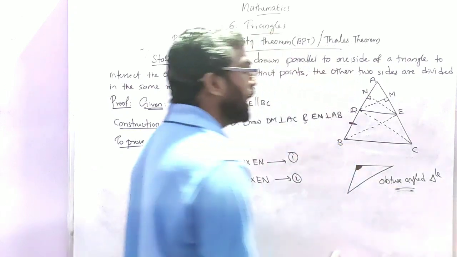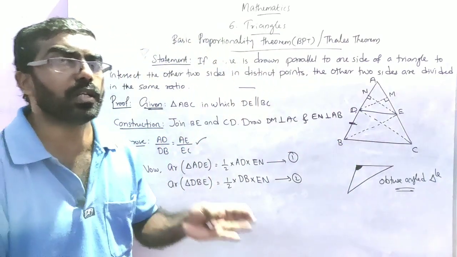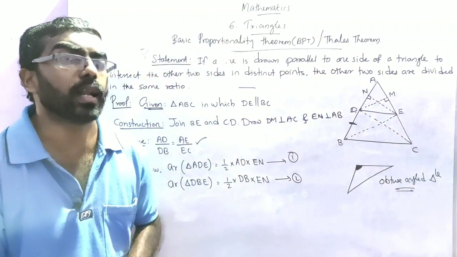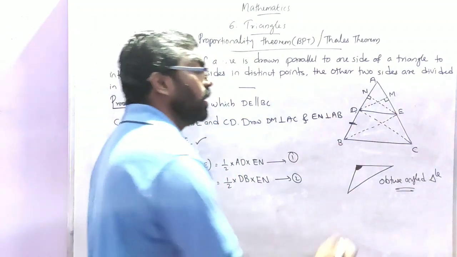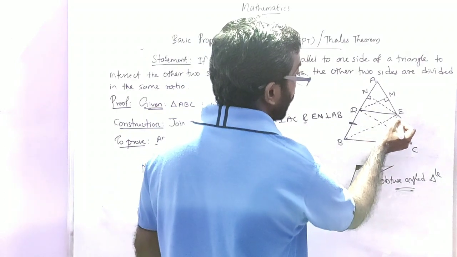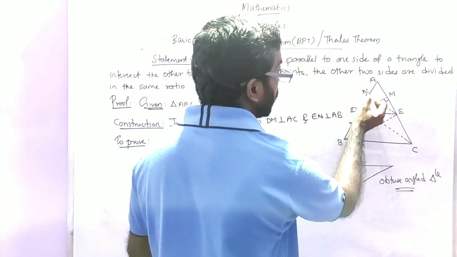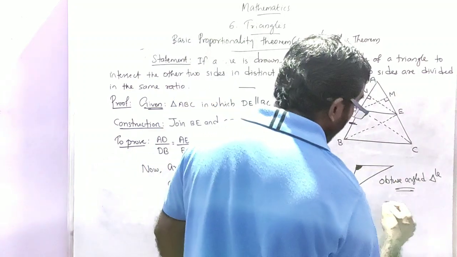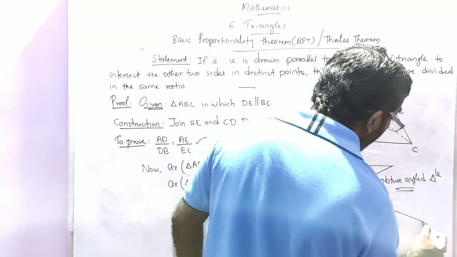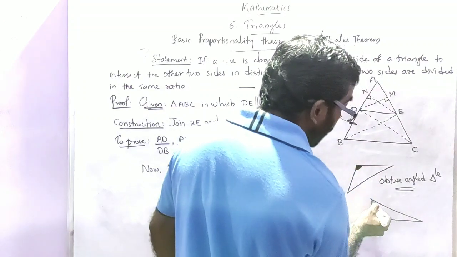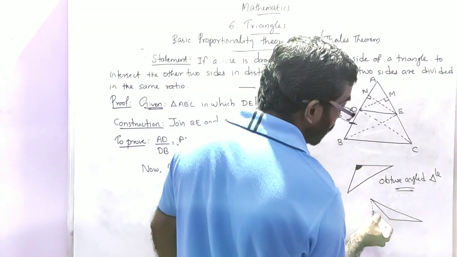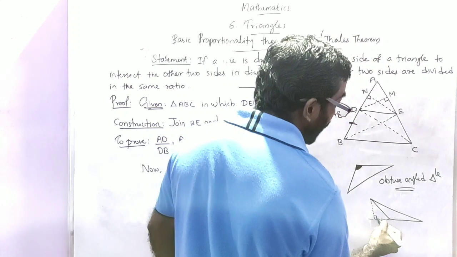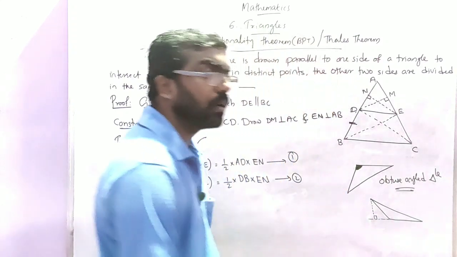So in an obtuse angled triangle, the altitude lies outside the triangle. Here we draw the perpendicular from the vertex E, that is why it lies outside the triangle. We can rotate this figure. If I draw like this and draw perpendicular from this vertex, the perpendicular lies outside the triangle.